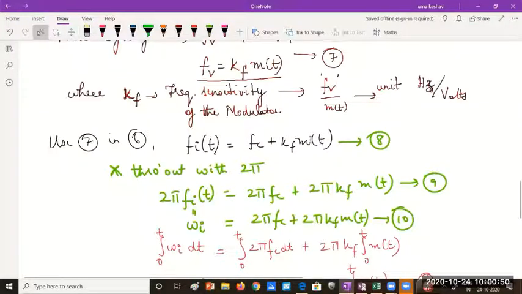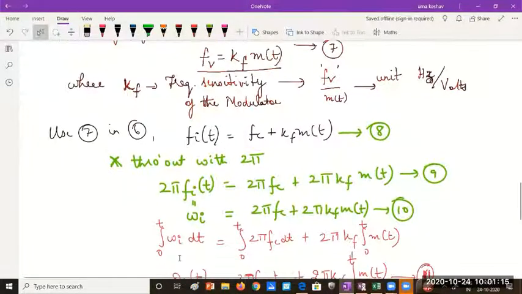kf m of t. Now, I'll multiply this equation throughout. All I want to do is convert this into instantaneous angle theta i. So if you want to convert this to instantaneous angle theta i, you should multiply it with 2 pi throughout. And then this becomes omega i. And if I want to change from omega i to theta i, we know we have to integrate.